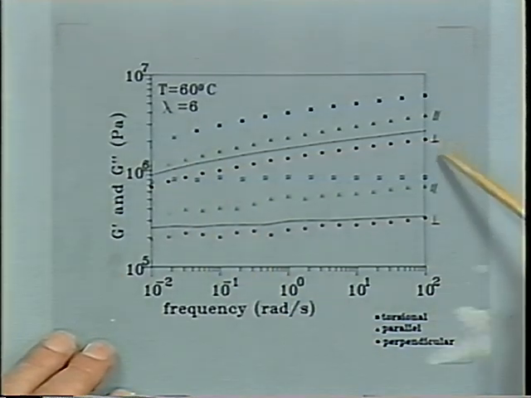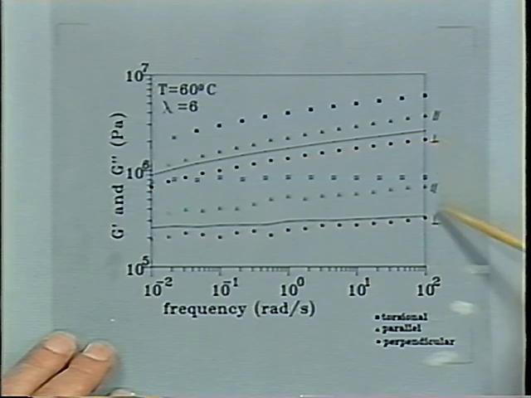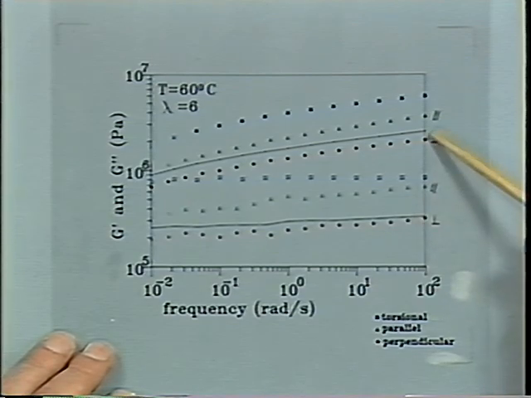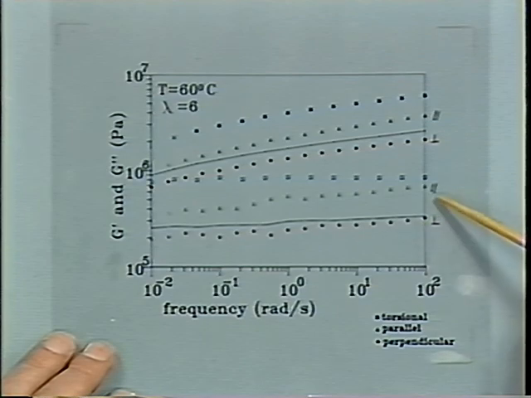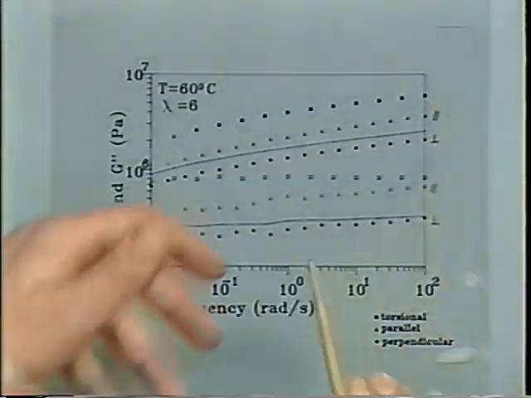So this is the normal, probing normal to that, and somehow the modulus is reduced in this case, in the solid. Parallel, the modulus is somewhat increased, and in the third direction in the solid, there's some further increase. So the mechanical properties of the solid are highly anisotropic, and you have to account for that.